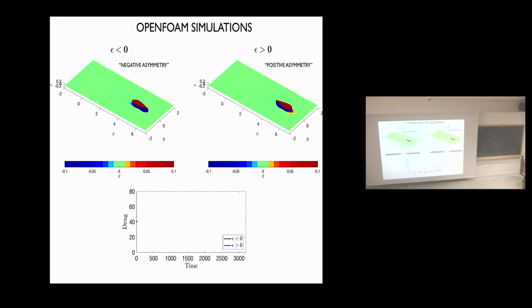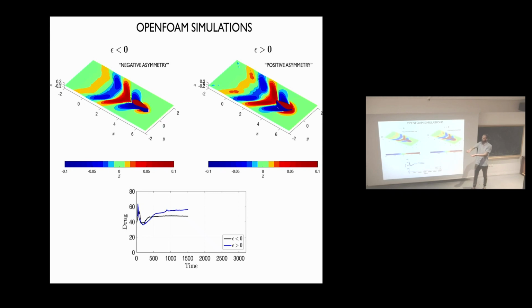That's shown quite nicely by these simulations. These are simulations I did in OpenFoam, which is a CFD tool. You take these asymmetric boats, you pull them through a water surface, and you can calculate the wave field. Quite clearly, you can see that this boat is generating a much bigger wave field than this boat. Just what you'd expect, right?